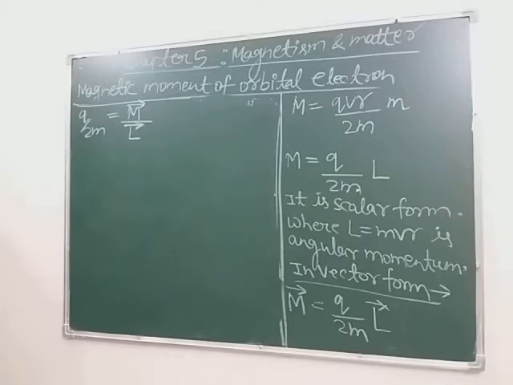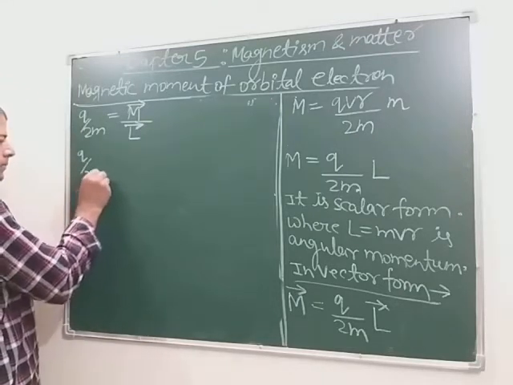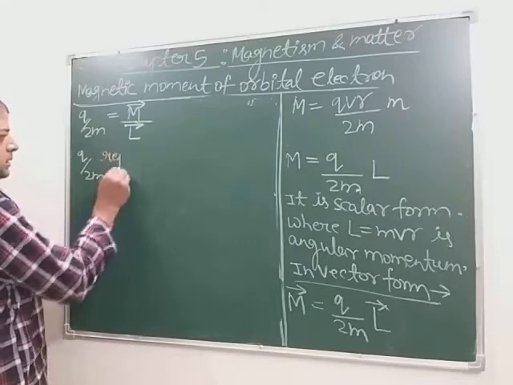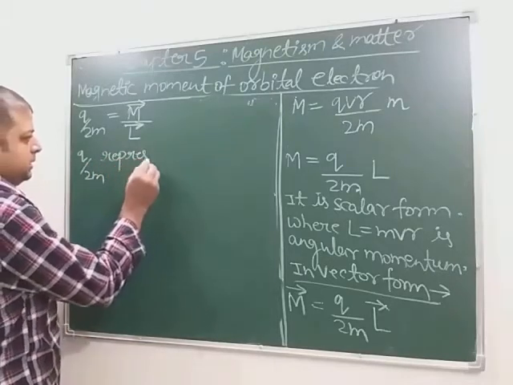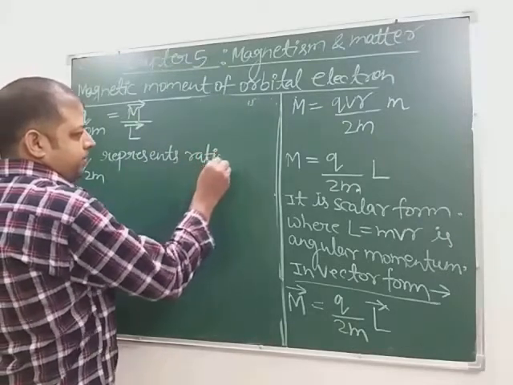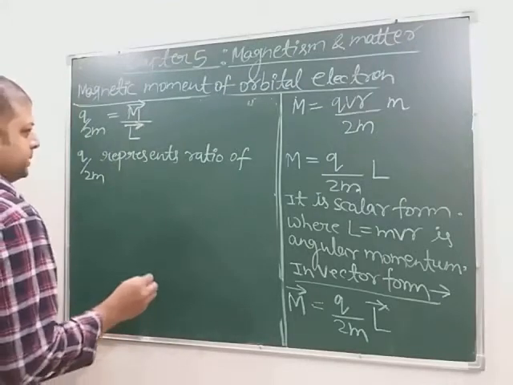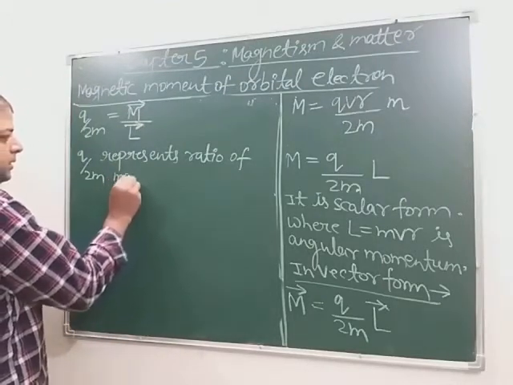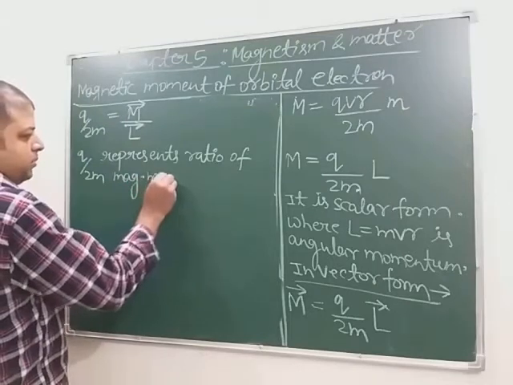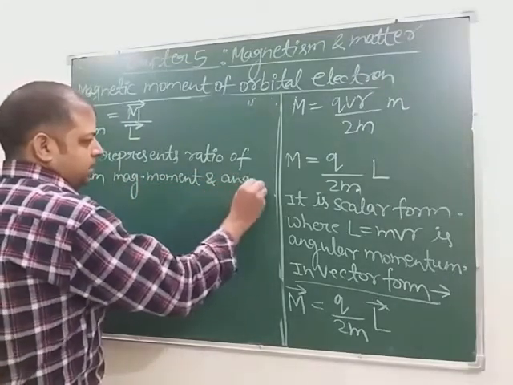So q by 2m represents the ratio of magnetic moment and angular momentum.